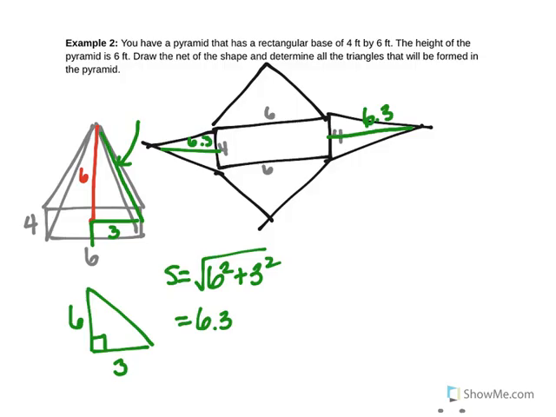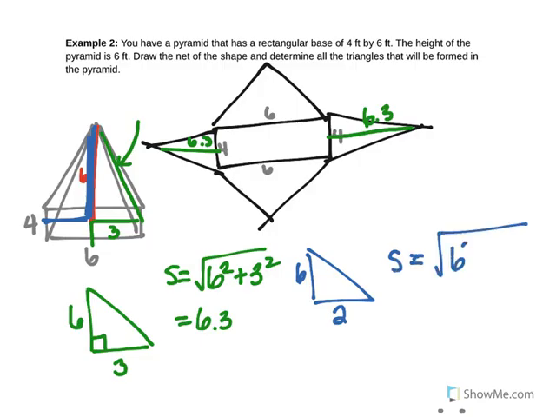If we want to find the slant of the other triangle, it's kind of hard because we're not looking at it. We actually need to take half of this side. So to find that slant, we would use 6 and half of our other side, which would be 2. So our second slant is equal to the square root of 6 squared plus 2 squared.